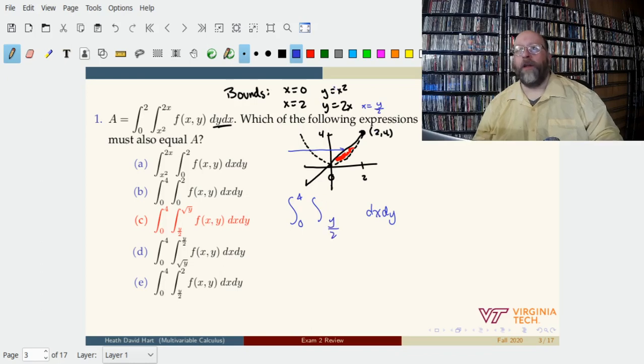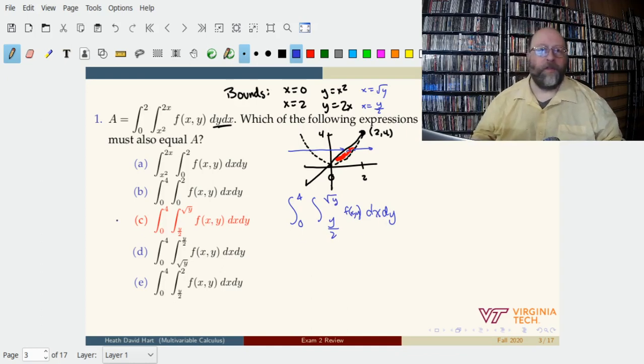And the x-coordinate ends at this curve, and this is the curve x equals the square root of y. And then the function itself doesn't change because we haven't changed systems like going from rectangular to polar. If we went into polar, we'd have to multiply this function by r, but we're just switching within the rectangular system. And so this is choice C.